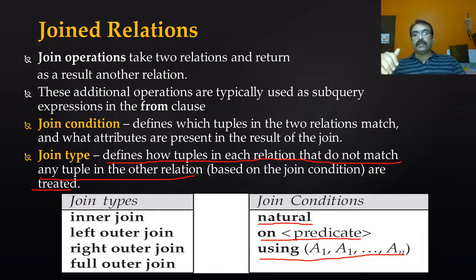Then what is join type? If it is a natural join, then leftovers will not be presented in the output. But if it is an outer join, we are going to have a different strategy towards the leftovers. Leftovers means which are not matching. What to do with those tuples? That we'll see when the examples come into the picture.